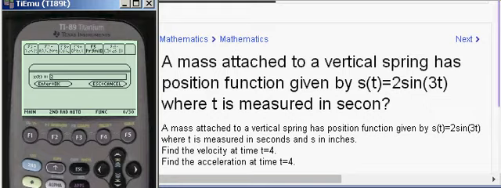Actually, let's go back and put times in here. Times second sine of 3 times t. Close up the parentheses. Press enter. The time given is 4. Alpha 4.